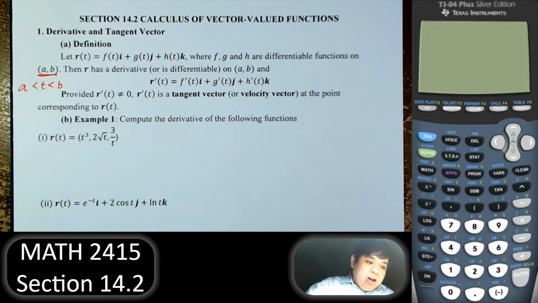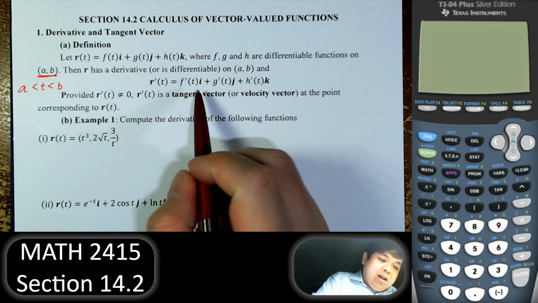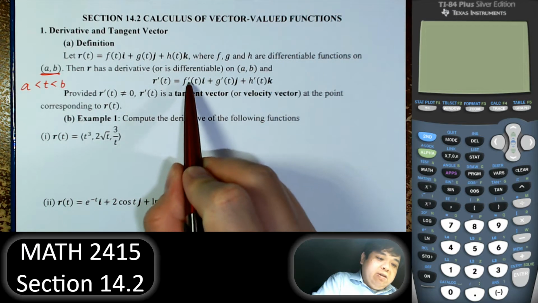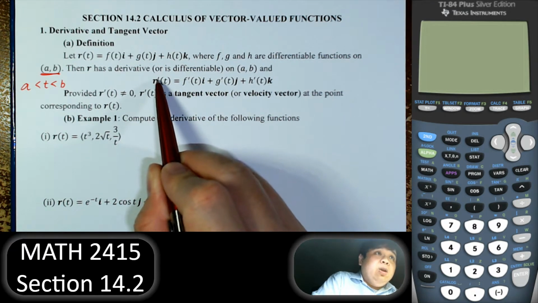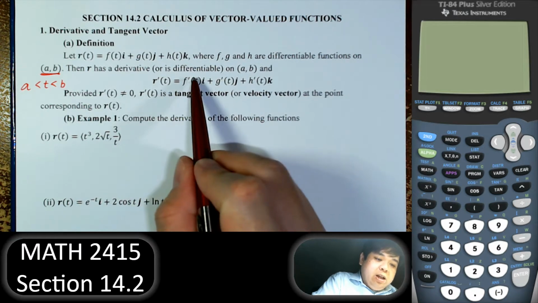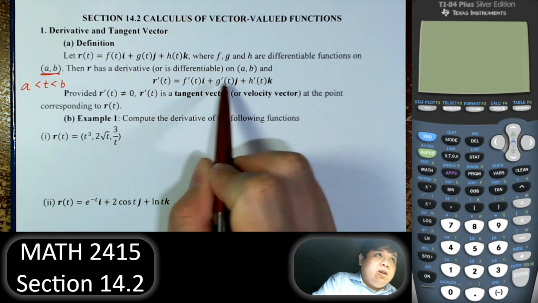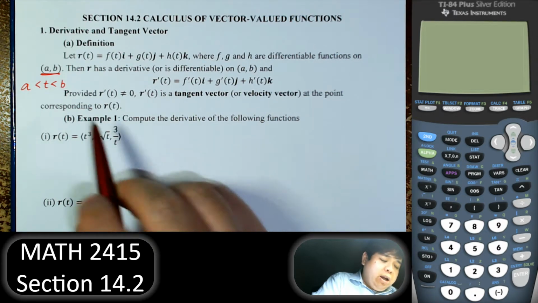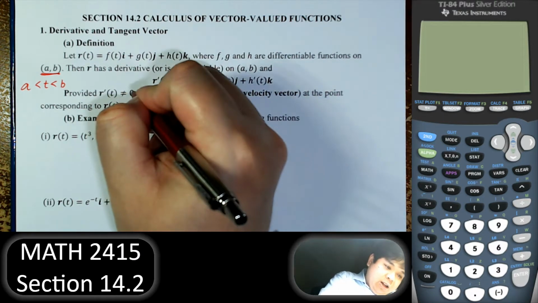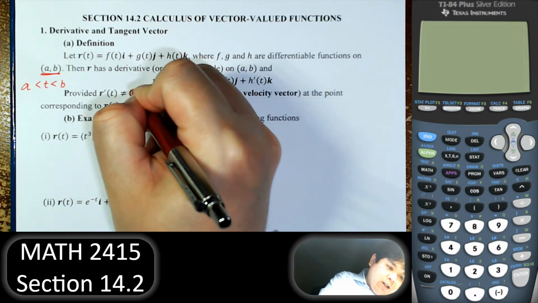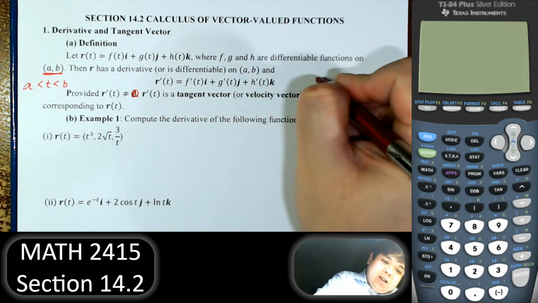And we define the derivative of the vector. It's just the derivative of the component functions. So the derivative of the vector valued function is the derivative of each of the component functions.